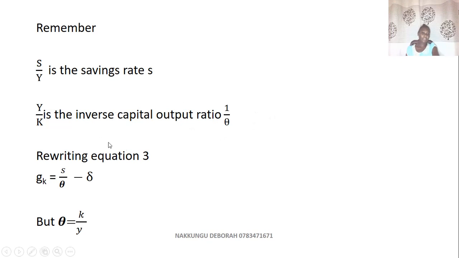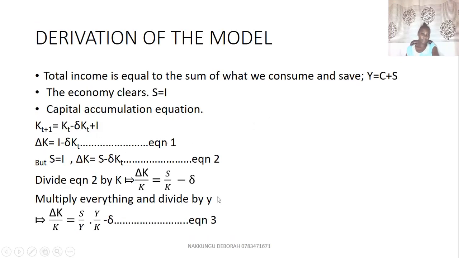So if we rewrite our equation 3, remember this change in K over K is like we are having Kt+1 minus Kt over Kt. It's like we are looking at the growth rate of capital.